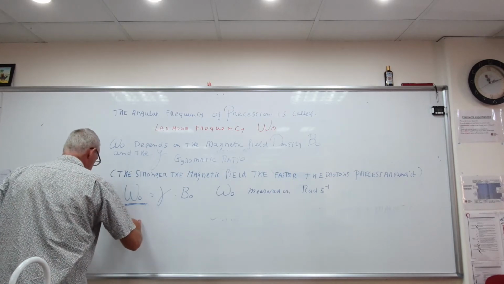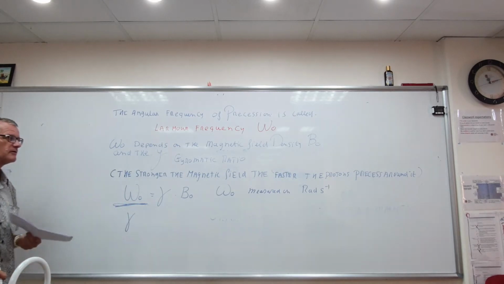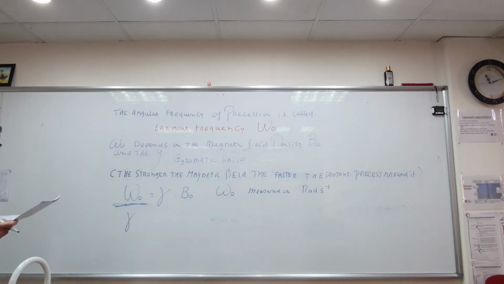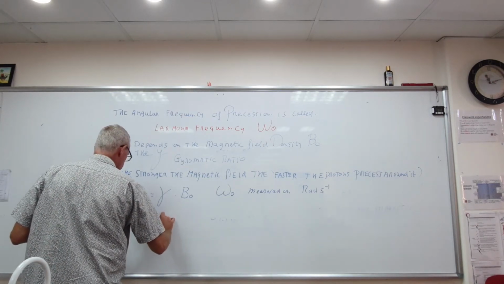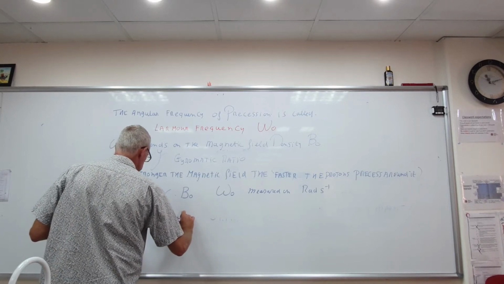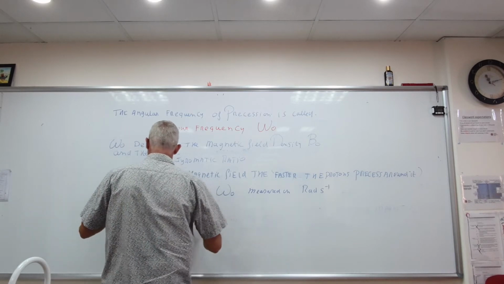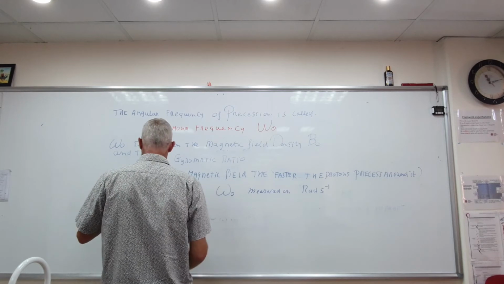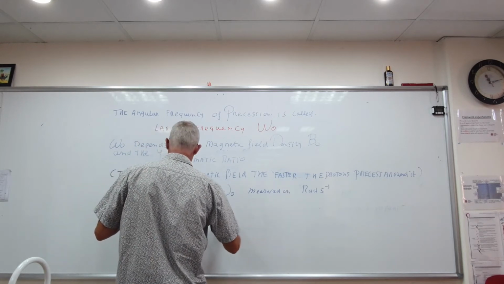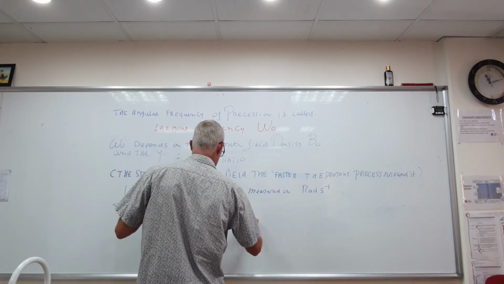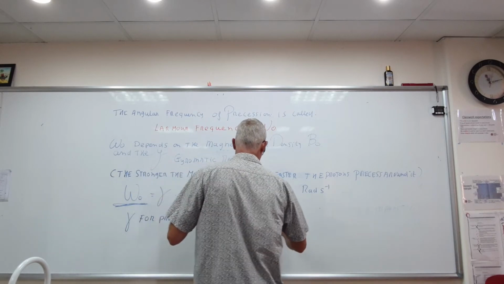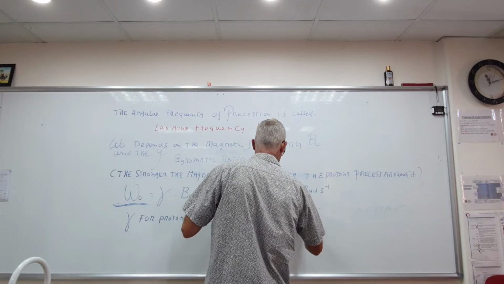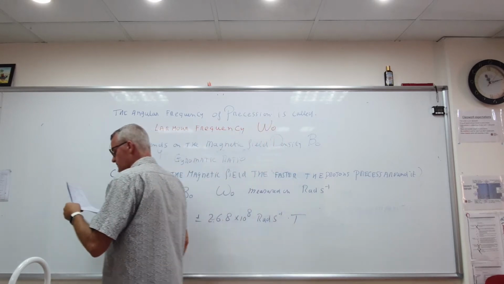We know that the gyromagnetic ratio for protons is minus 2.68 times 10 to the power of 8 radians per second times Tesla. Yeah?